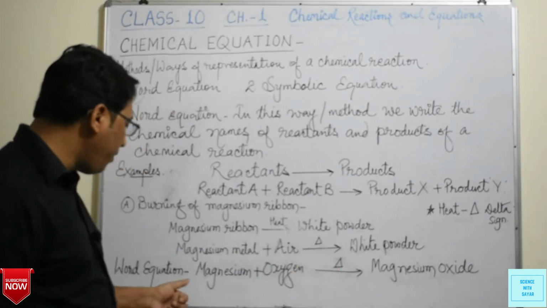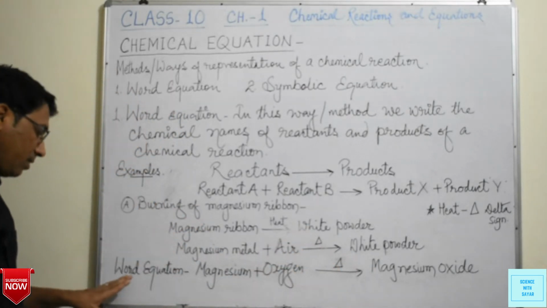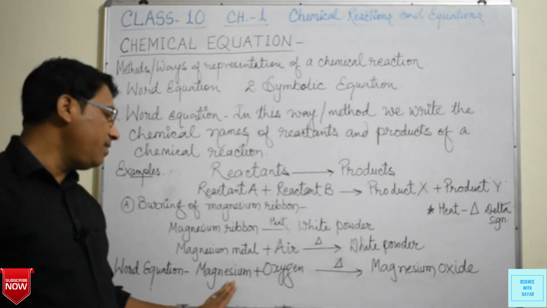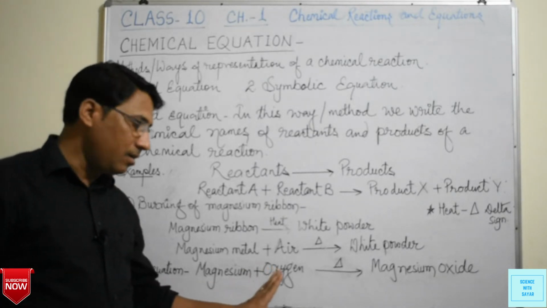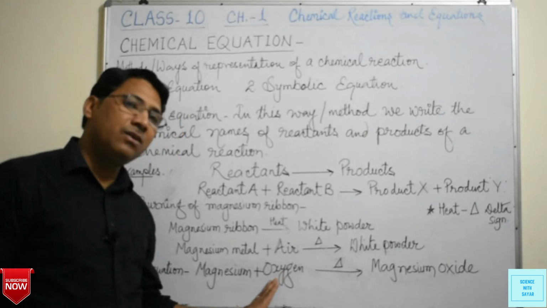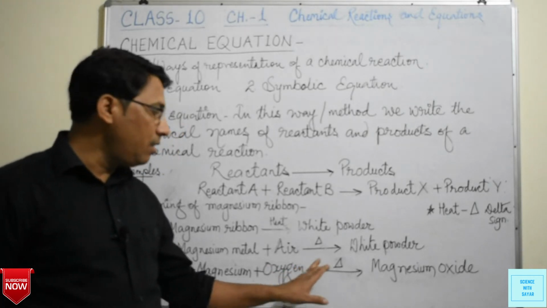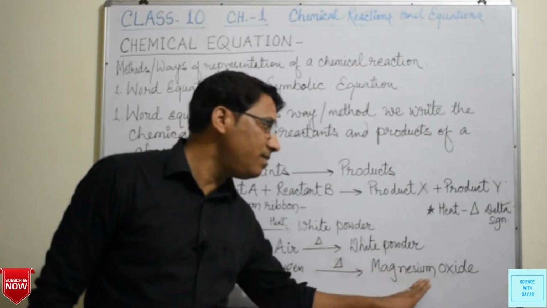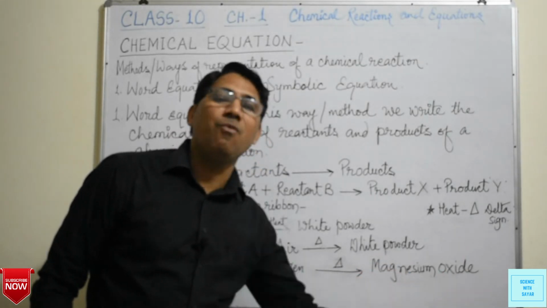In a simpler way, we can now write it as a word equation: magnesium reacts with oxygen when we heat it, and the product magnesium oxide is formed.